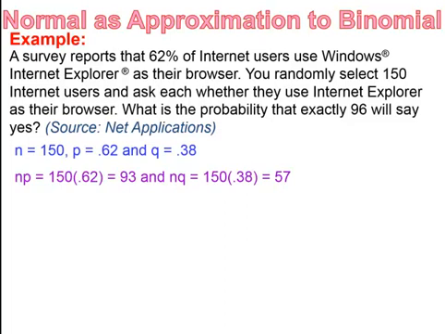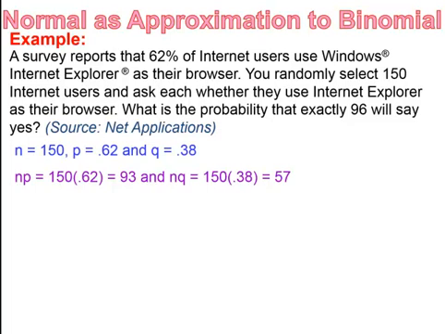I want to check to see if my sample size times my probability of success is greater than or equal to 5, and you see it's 93. And then my sample size times the probability of failure, and I'm seeing if that is greater than 5, and that also checks out. So therefore I can use this approximation to binomial to find the probability.